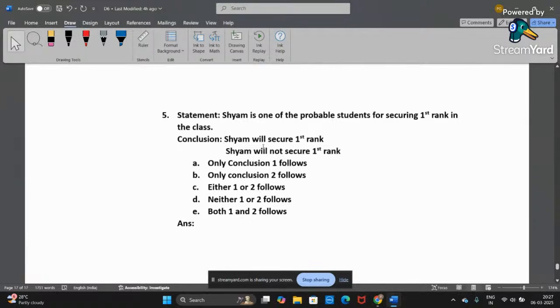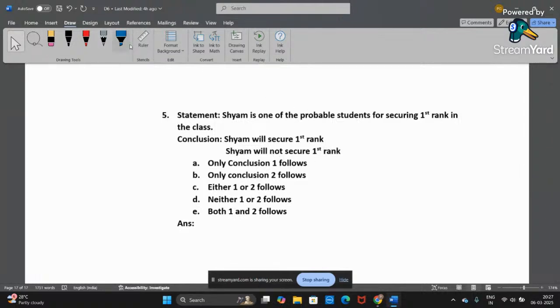The statement is given as: Sham is one of the probable students for securing first rank in the class. Conclusion: Sham may secure first rank or Sham will not secure first rank.